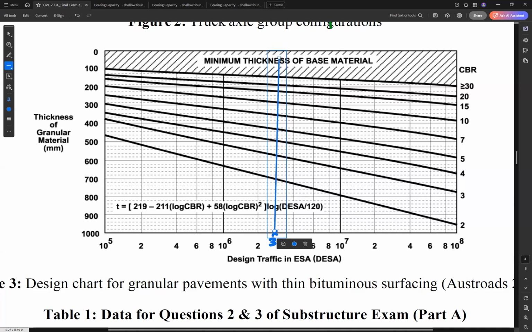Okay, so this is a line, a little bit inclined.